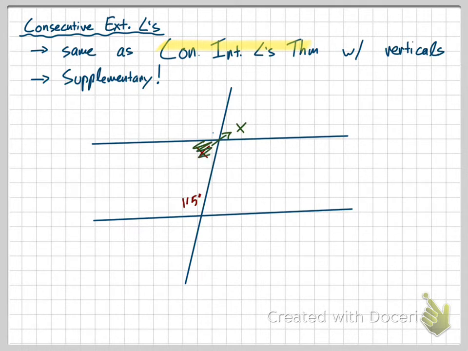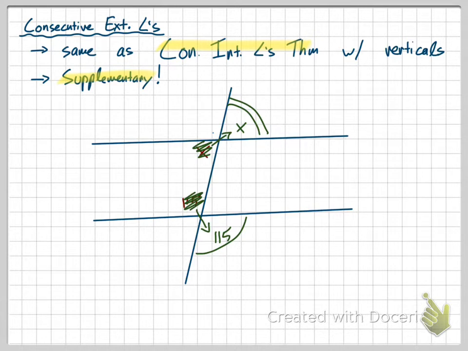So if I take the X and move it to its vertical angle, and the 115 and move it to its vertical angle, but here we have two exterior angles, and they're on the same side, which we would identify them as consecutive exterior. And their theorem states that they are supplementary as well.